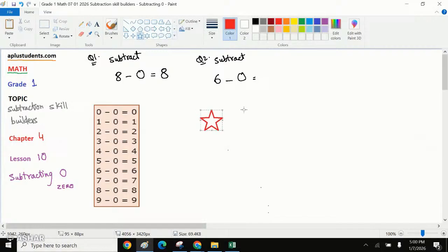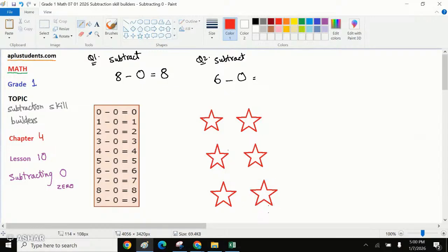Let's make 6 stars over here: 1, 2, 3, 4, 5, and 6. Agreed? Out of these 6, we give away none. None means 0, right? So we are giving away 0 stars.